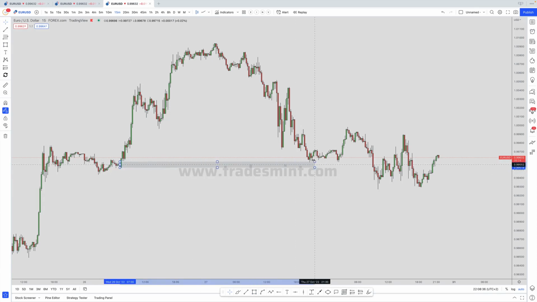So this is a demand zone. Now, this demand zone is one which will work out at some point, but it's still an SMT.